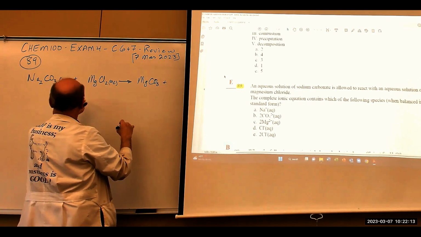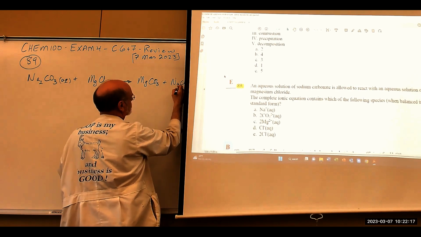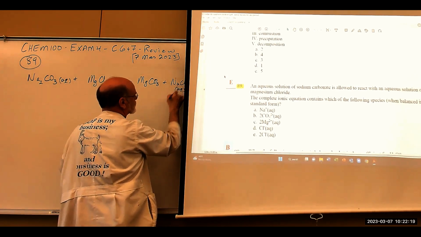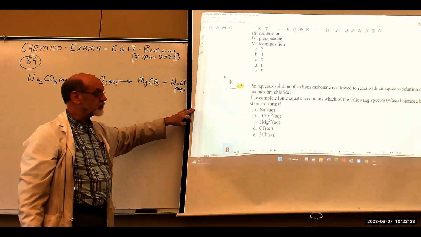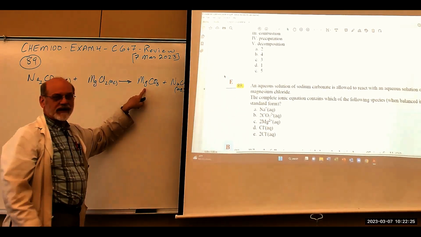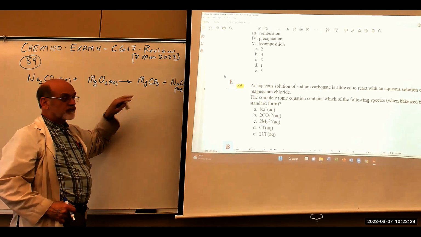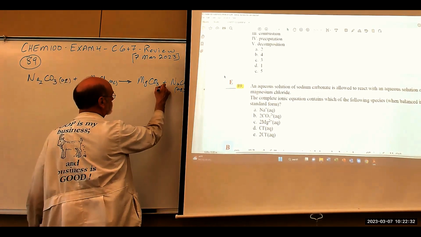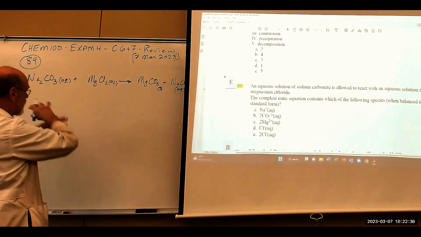And then sodium chloride, table salt. We know that that is soluble. That's an aqueous compound. How about this one, magnesium carbonate? Look it up in your solubility chart, and you'll find that it's a solid. That's your precipitate. Okay, we've got these written correctly.